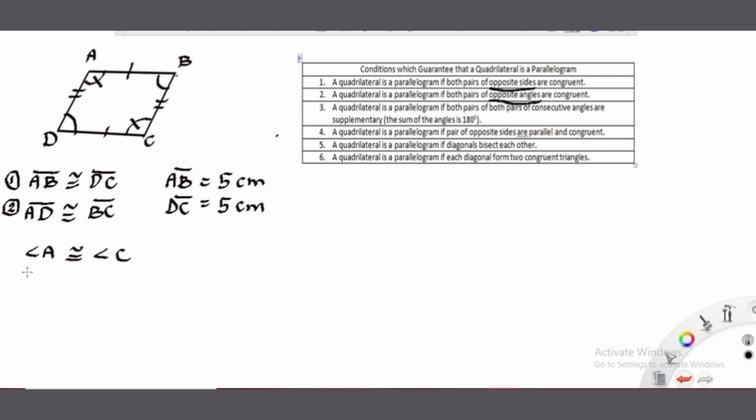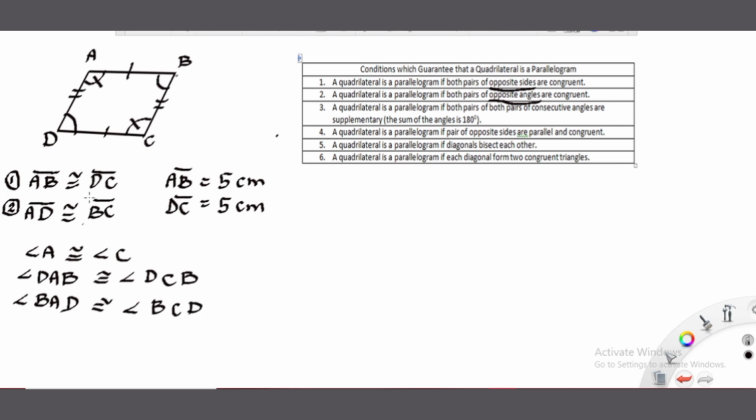So let's write it. Angle A, which can also be named angle DAB or angle BAD, is congruent to angle C, which we can name also as angle DCB and angle BCD.